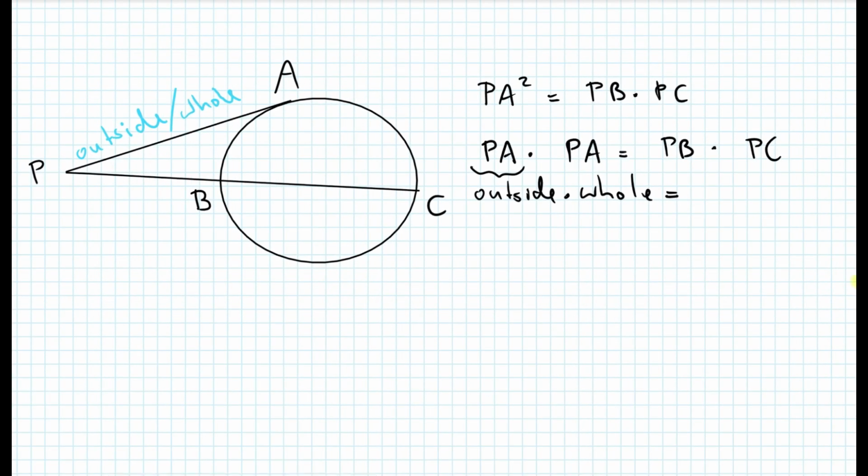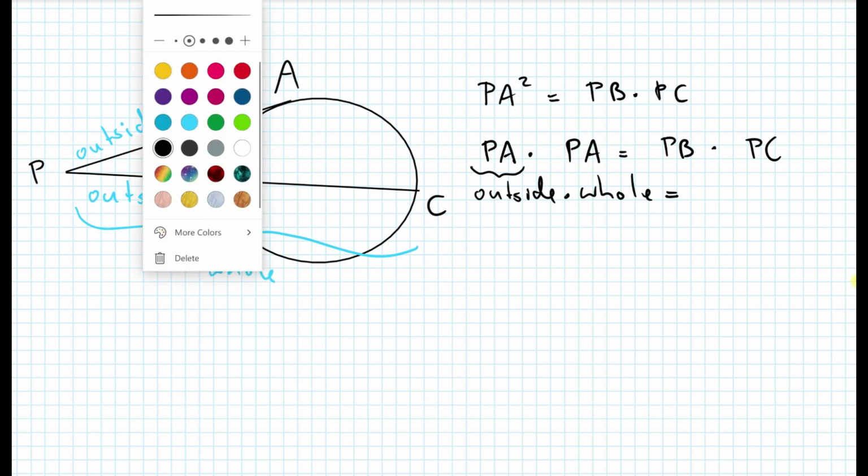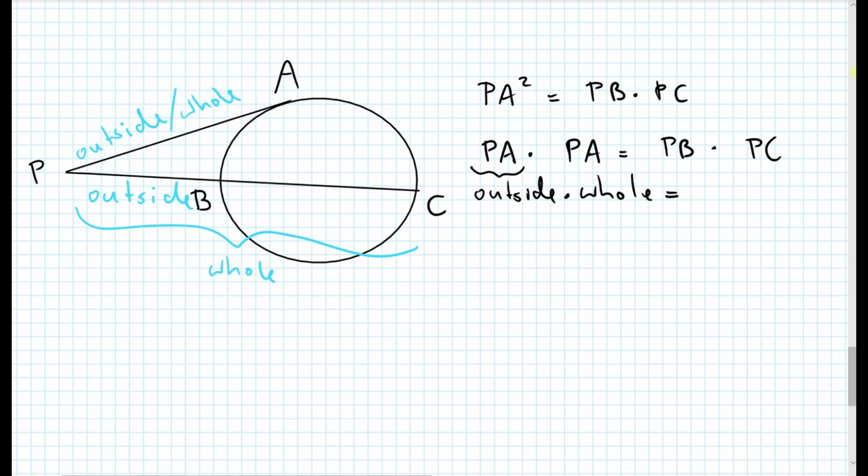And in this case, PB is the outside, and the entire segment PC is the whole. Okay, which means that PB is considered the outside, and PC is considered the whole. Okay, so it works here as well.